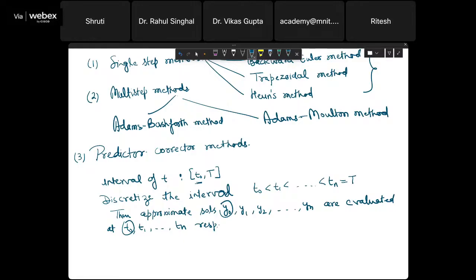But for simplicity, to understand all these methods, let me take the same step size here. So I'm going to consider the constant step size, or you can say that I'm taking equally spaced points.